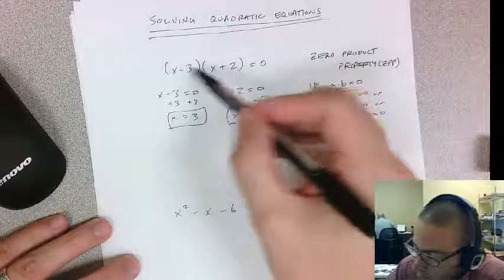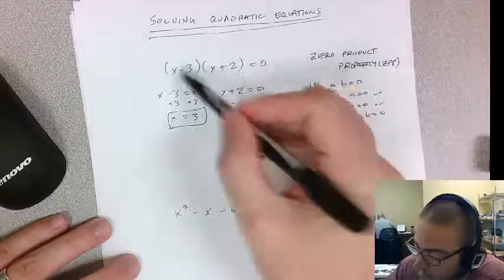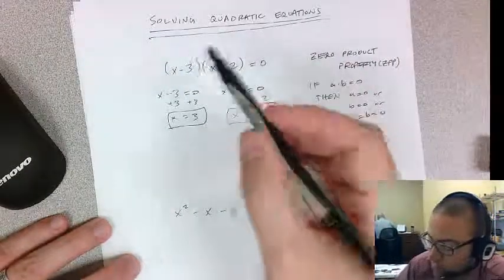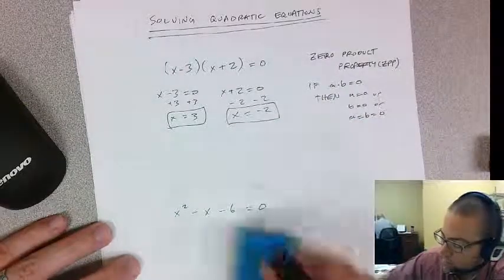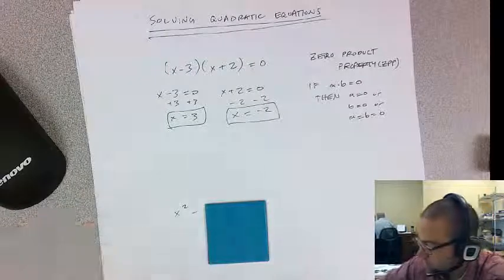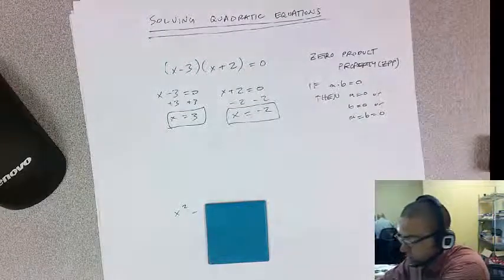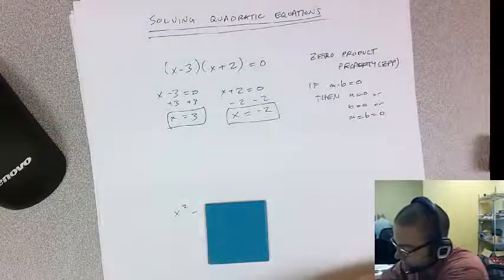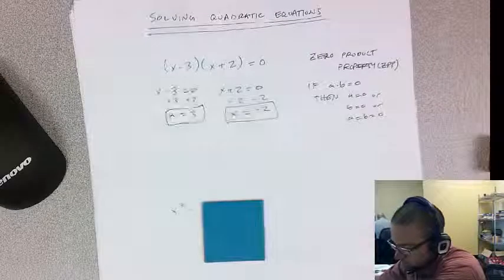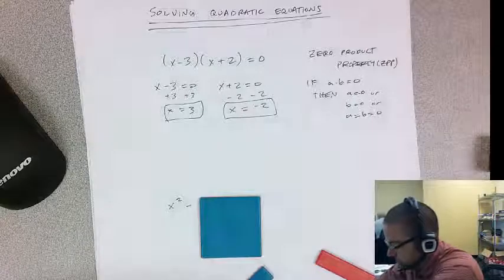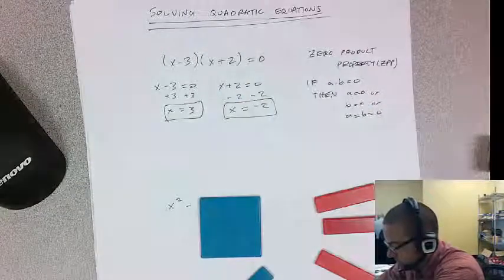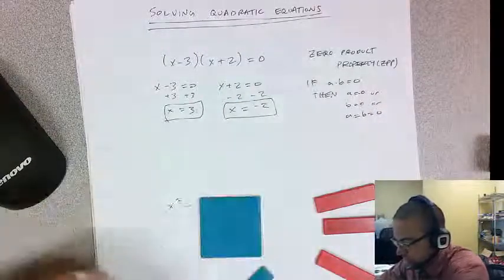Now, what I want to do is actually multiply out these two binomials. If you remember, we multiply x minus 3 times x plus 2. So let's take our algebra tiles out. And let's see, what would it be?